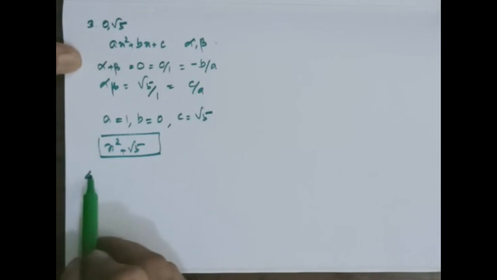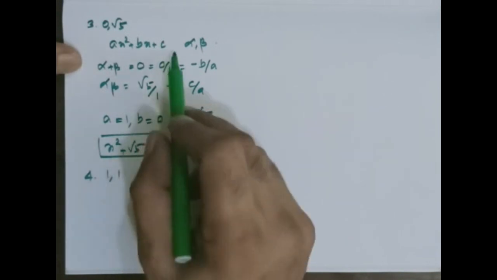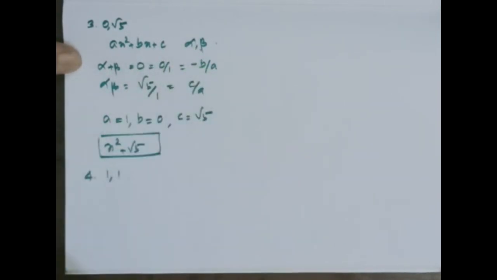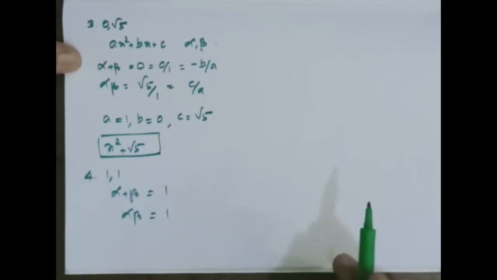Question number 4, 1 comma 1. Let the polynomial be ax square plus bx plus c, and the zeros are alpha and beta. Therefore, alpha plus beta equal to 1 and alpha beta equal to 1.